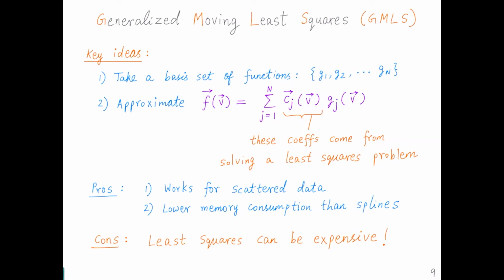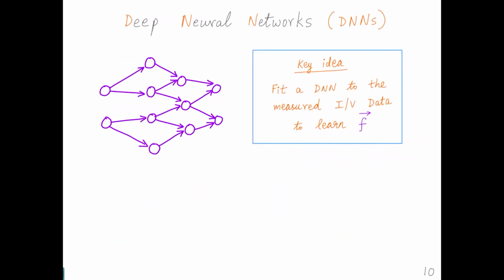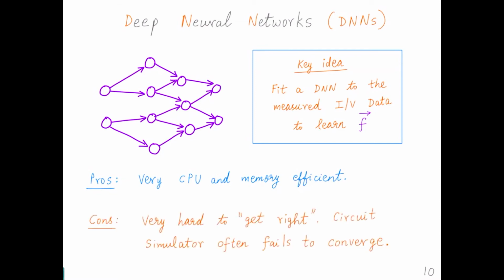Which brings us to the third method, deep neural networks. Essentially, we are trying to use deep learning to learn this function f, which is our compact model. The pros are that this is very CPU and memory efficient, simply because if your network is small, you just have a few activation functions and weights, and that's all you need to represent in memory. But the problem is it's very hard to get right.